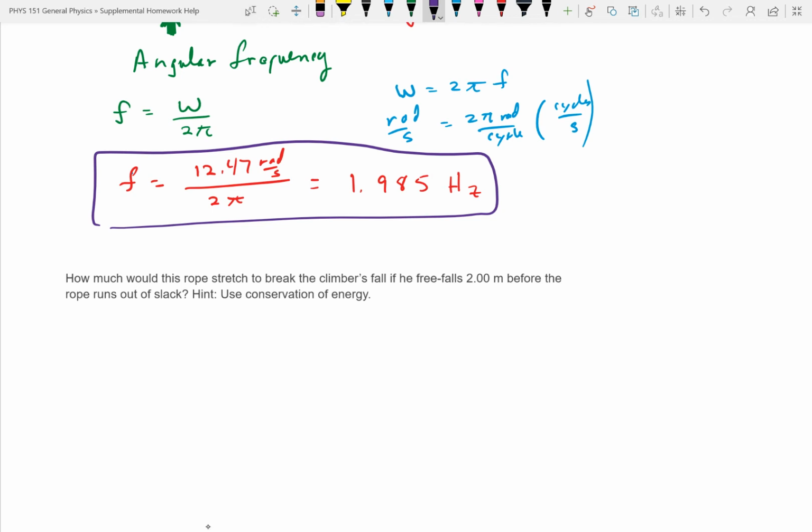So we're going to have the climber at some place here. Let's just say he steps off, he'll start here at YA. And he falls down 2 meters, YB.